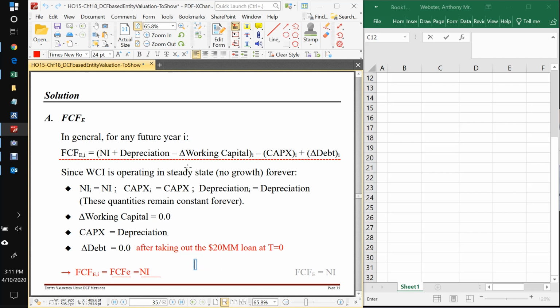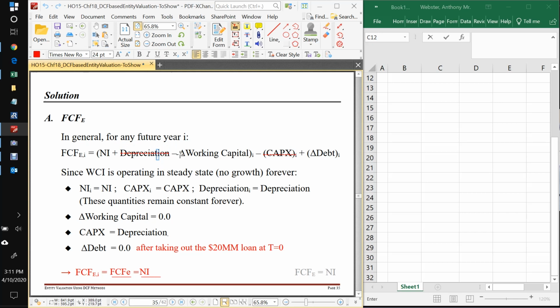So why is that true? It's true because, remember, in steady state, the depreciation matches the capex, so these terms exactly cancel.